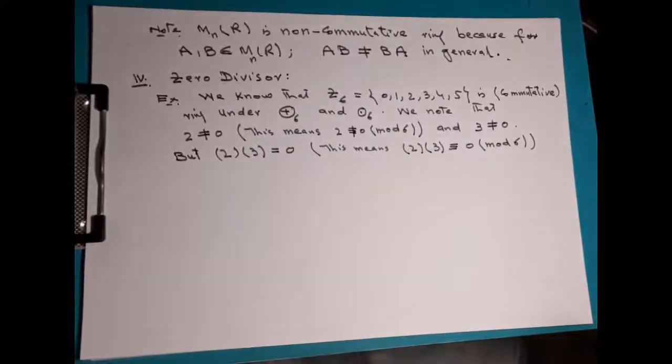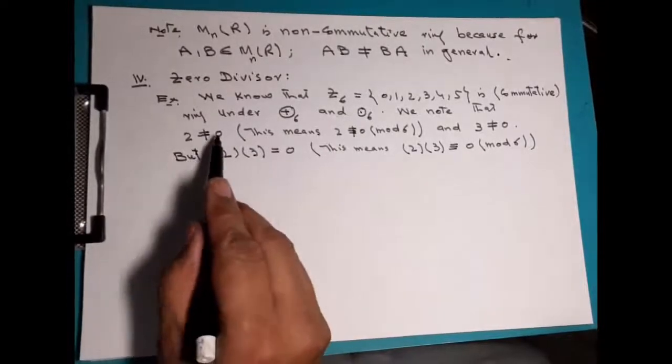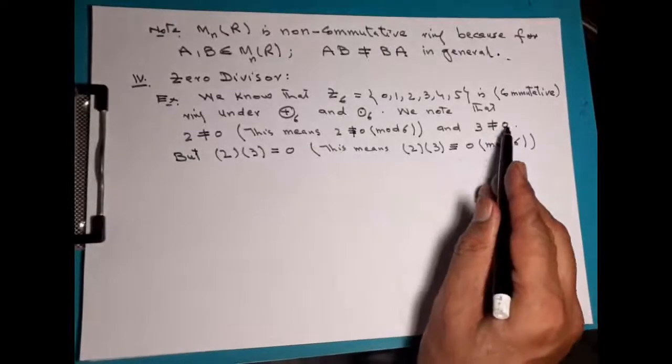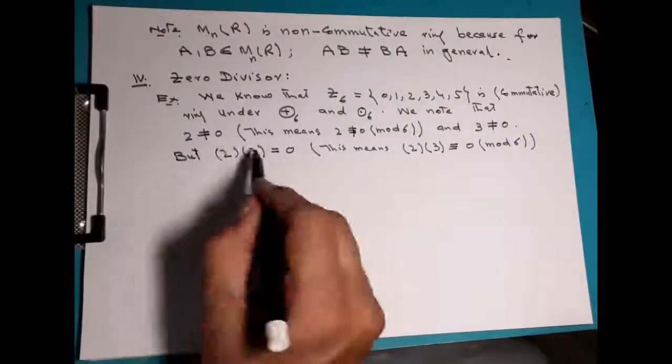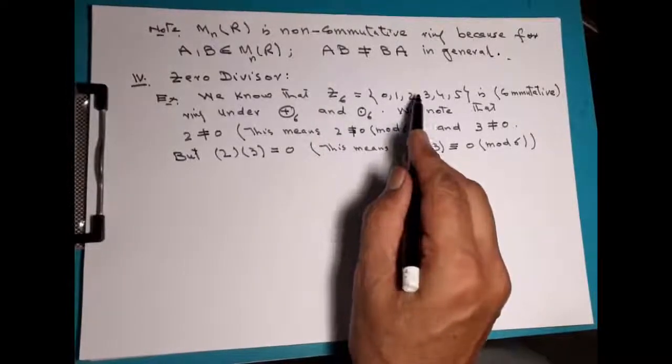Note that this does not happen in the ring of integers. If you take an integer, say 2, and an integer 3, in the ring of integers, 2 multiplied with 3 is not 0. You know that very well. But in this case, 2 is not equal to 0, 3 is not equal to 0, but if we multiply them with each other, then the result is 0 in this ring.